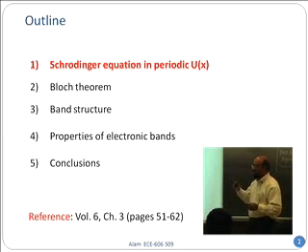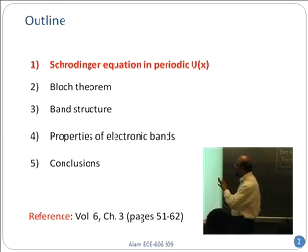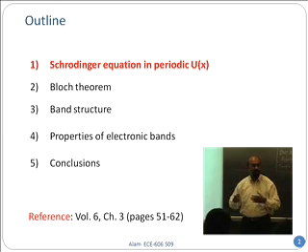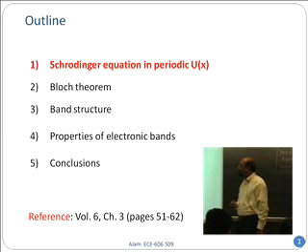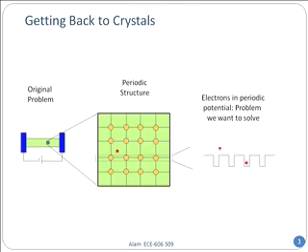So we want to know where the electrons sit to begin with, and then subsequently we'll figure out what fraction of them moves. And the periodic U(x), well, because it's a crystal, and in a crystal we want to solve the Schrodinger equation to see where energy levels stay within a crystal. And then we'll talk about a set of other things.